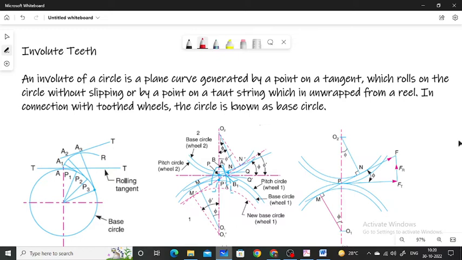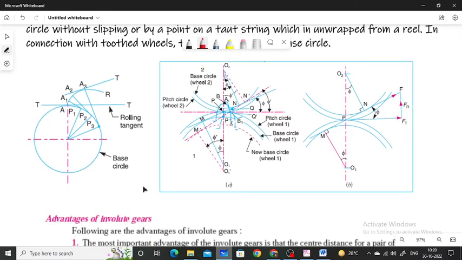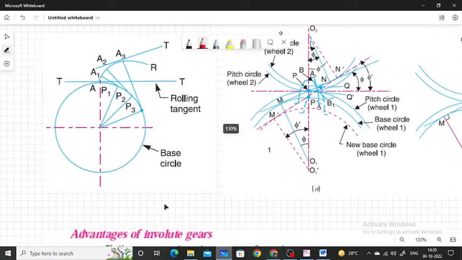Okay. In connection with tooth wheels, the circle is known as base circle.